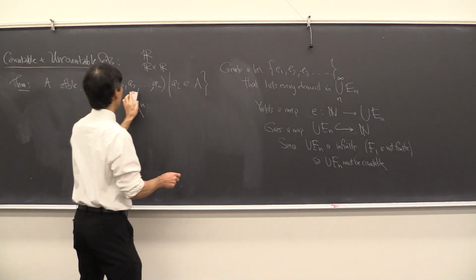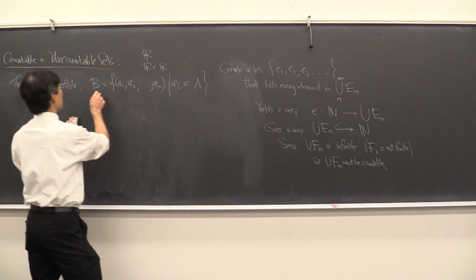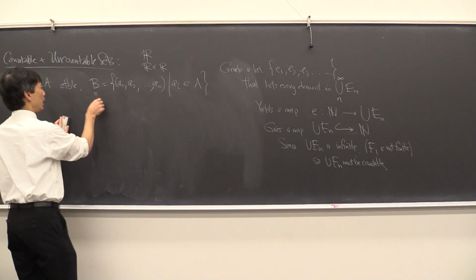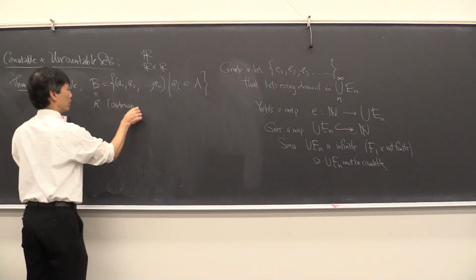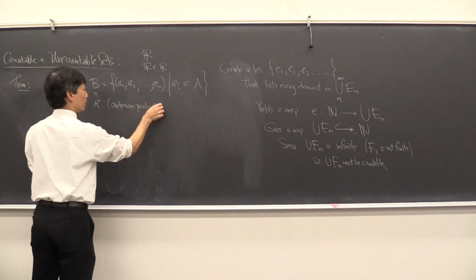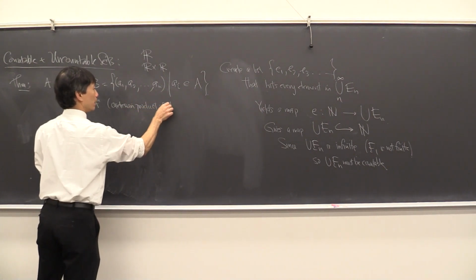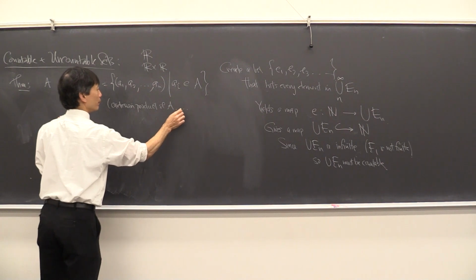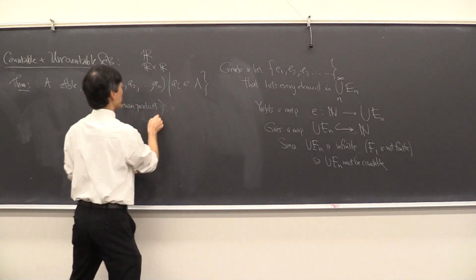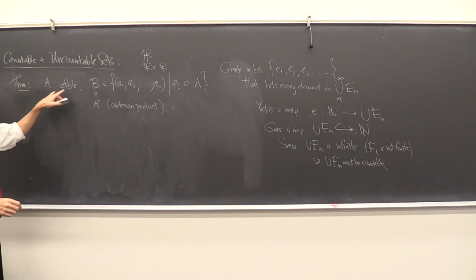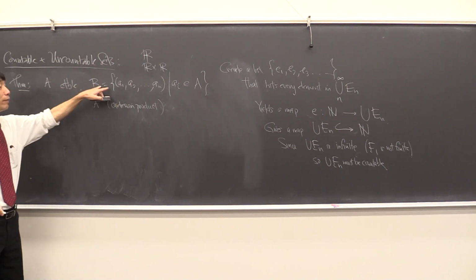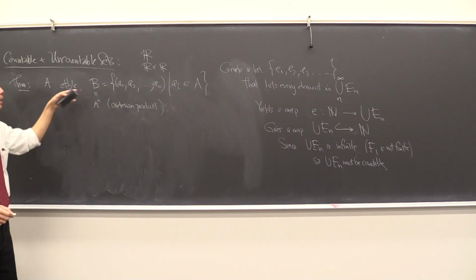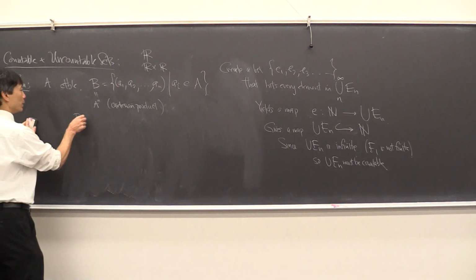So this is what's called the Cartesian product. This is A^n, the Cartesian product of n copies of A. So if you have a countable set, and then you look at the Cartesian product of n copies of these sets, then B is still countable.